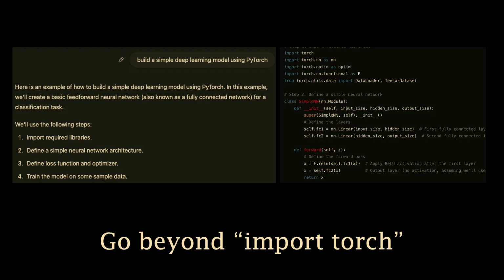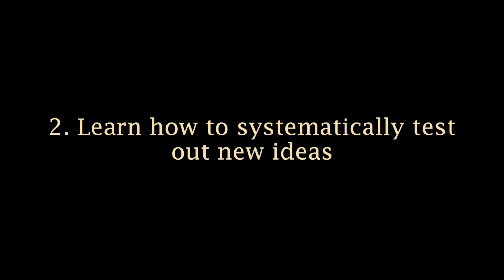So what makes you different from ChatGPT? And I would say really is the understanding. So this is a really good opportunity to go beyond import torch and really understand what each of the components do, understand what attention modules are, what transformers are, and things like that, right?